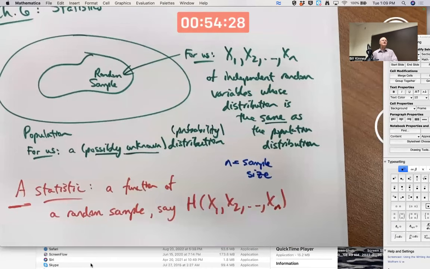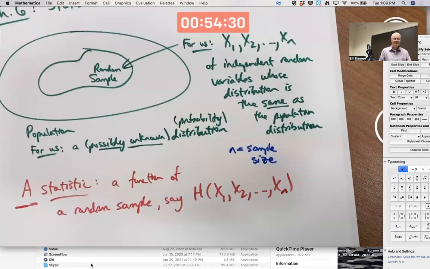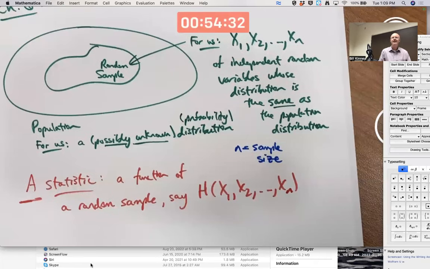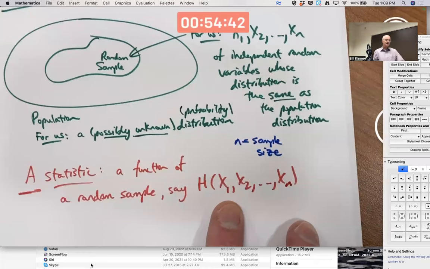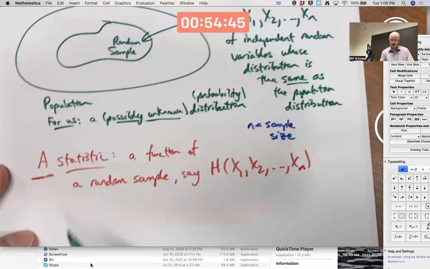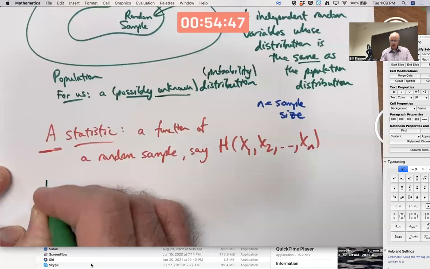That's what a statistic is for us. That's weird. A function? Yeah, a function of a random sample. Like what function? Here's the most common example.